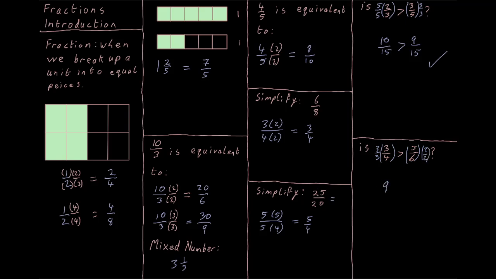And I would end up with 9 all over 12 is greater than 10 all over 12. And again, that's not true in this case. That would be smaller. So we can see once we are counting in the same sized pieces, we can just see which number we have more pieces of. And that is how we can compare our fractions. So that is what we need for now.